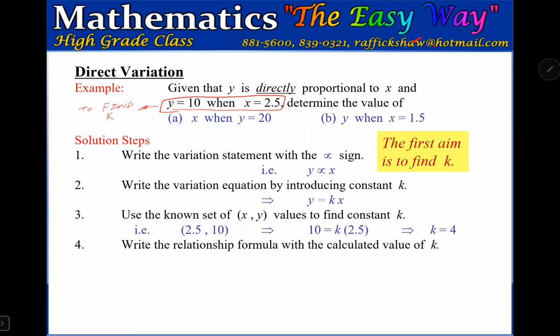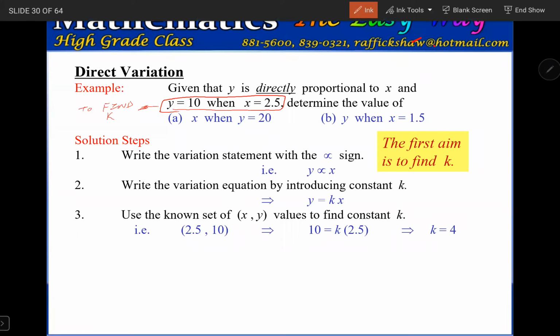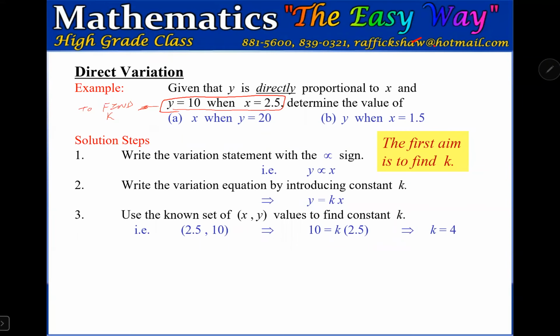So hope you can see. Let me see if I can get back the pen. All right, it's here. So you put these two values in this formula, and that is what we get.